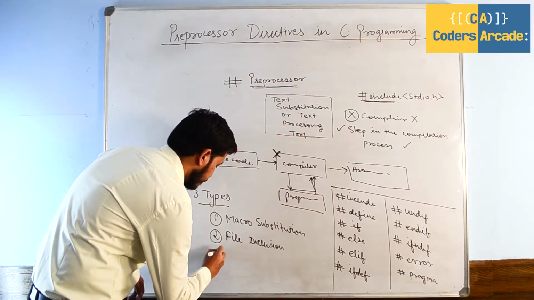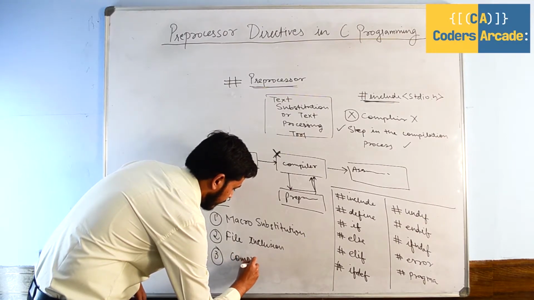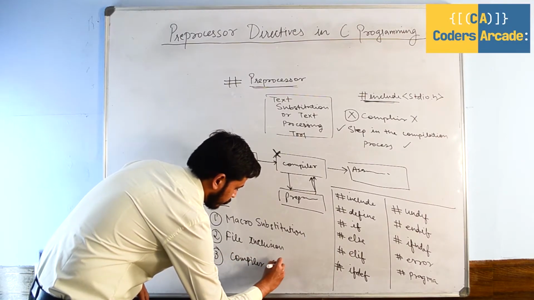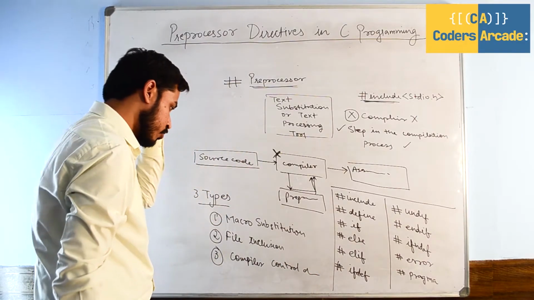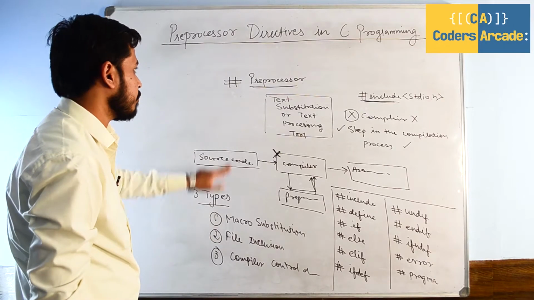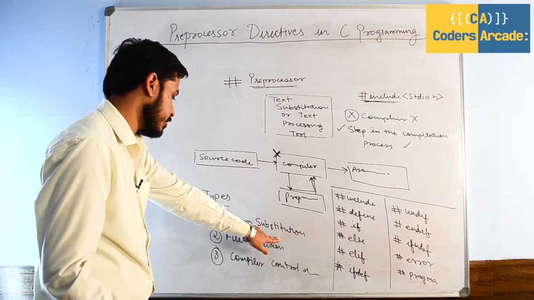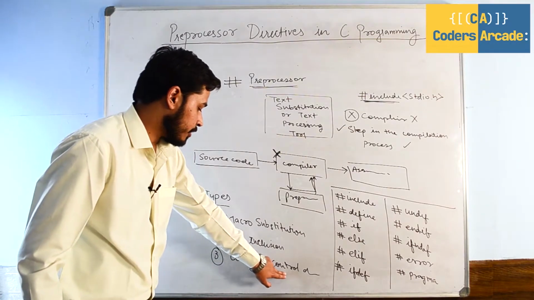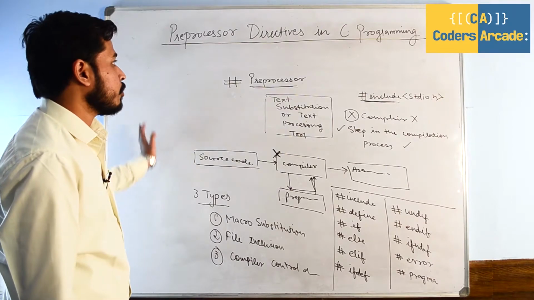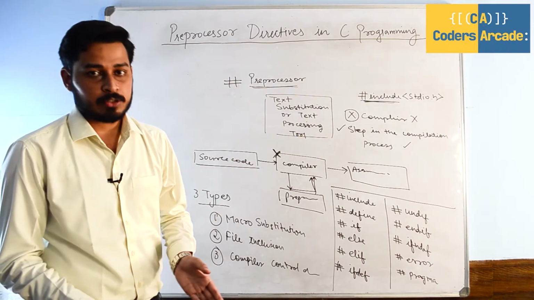And the third one is the compiler control directive. So we have three types of preprocessor directives: the macro substitution directive, then the file inclusion directive, and then the compiler control directive. So this is all about preprocessor directives as an introduction.